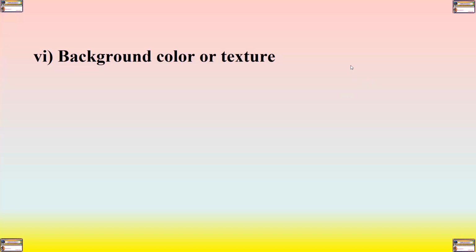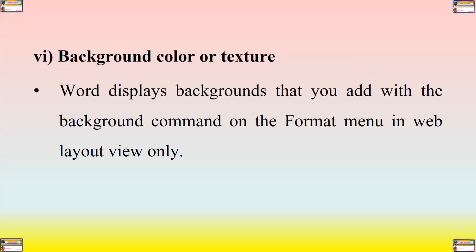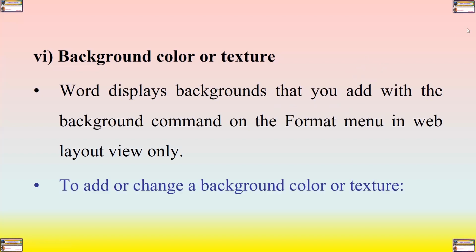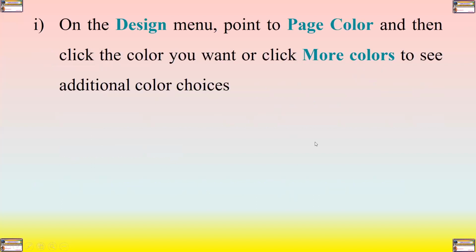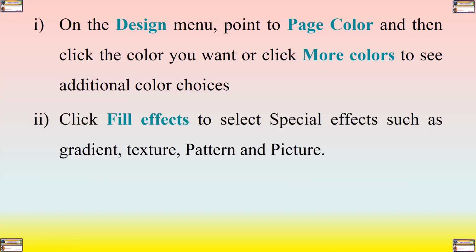Just as I have said, we can also change background color or texture for our document. One displays backgrounds that you add with the background command on the format menu in web layout view only. To add or change background color or texture, one, on the design menu, you point to page color and then click the color you want, or click more colors to see additional color choices.